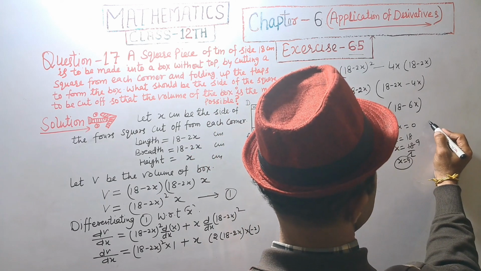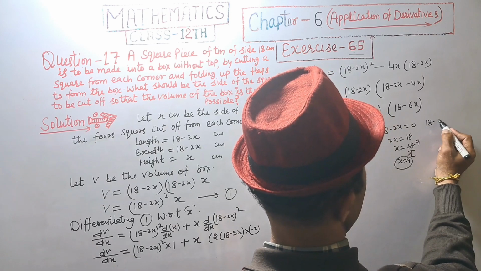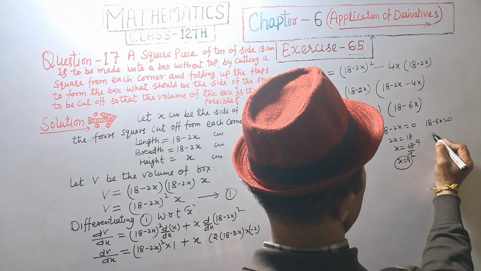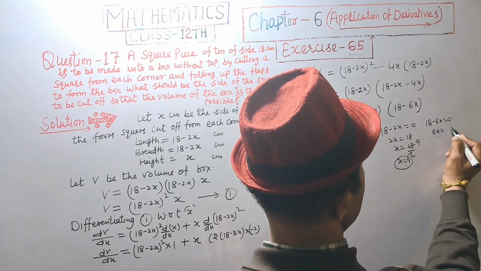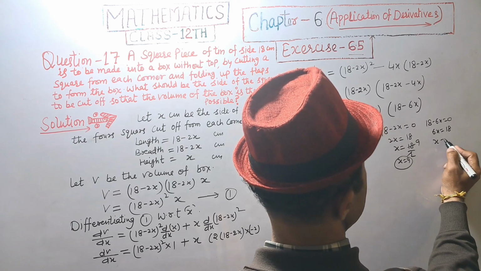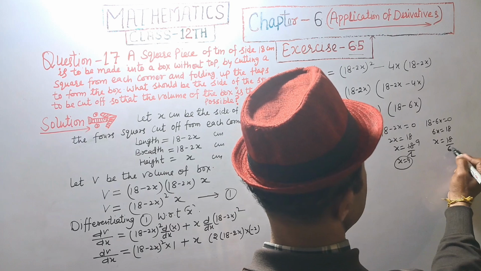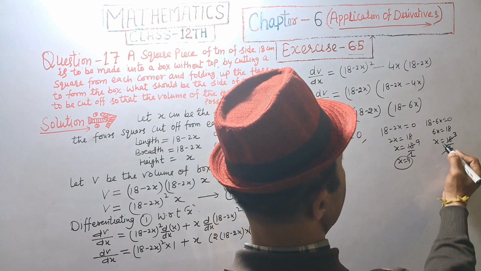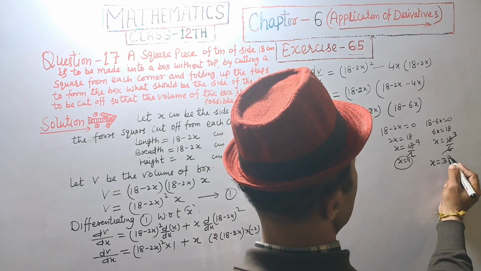And 18 minus 6x is equal to 0, 6x is equal to 18, so x is equal to 18 divided by 6, that is 3.